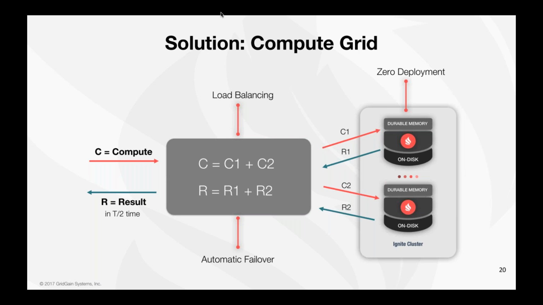Now, assuming these two servers on the extreme right-hand side are of equal capability, equal power, equal memory, and so on, then in theory, rather than running it on one machine, we can do the work in half the time. And you can see that adding additional resources, adding additional servers, allows us to break that task down into smaller components.